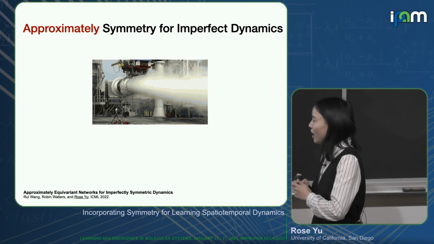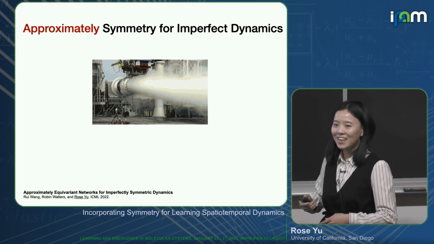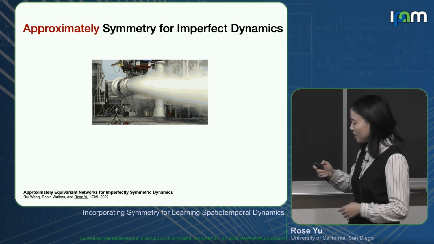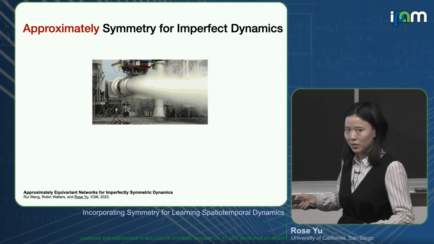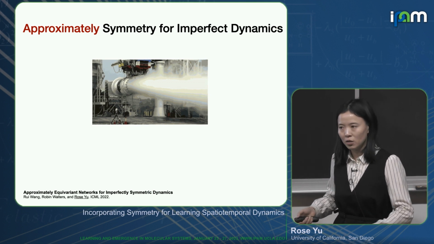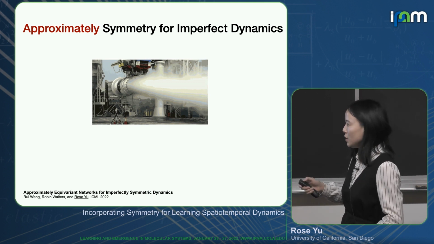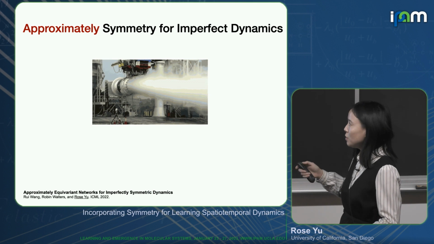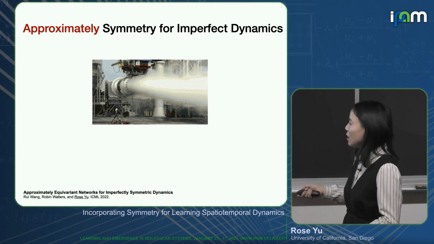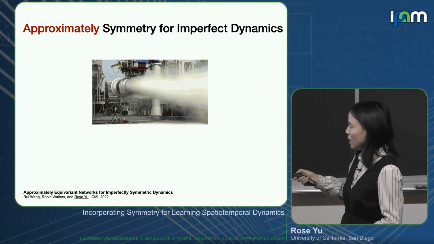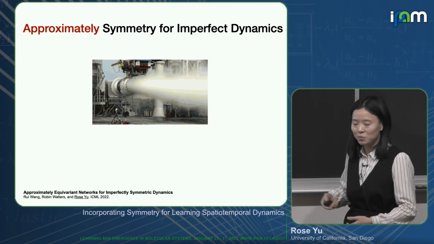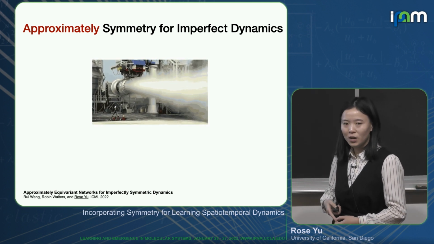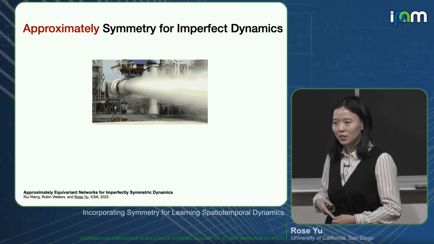So thanks to Tess for highlighting our work in the morning. Basically, we want to say that it's great that we can incorporate symmetries in deep nets for modeling turbulence, but in real-world data, the symmetry is never perfect. I'm using this example here from supersonic jets because we actually have experiments in this paper to model real-world supersonic jets.